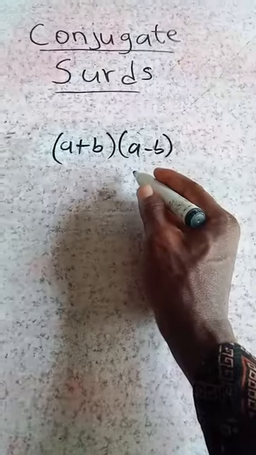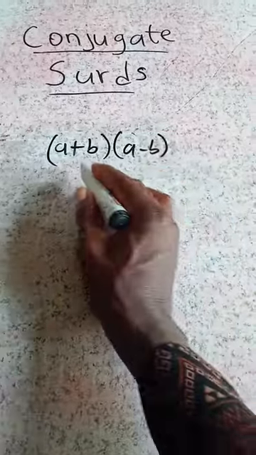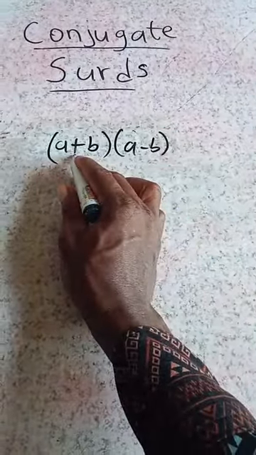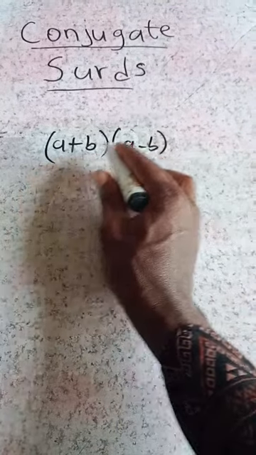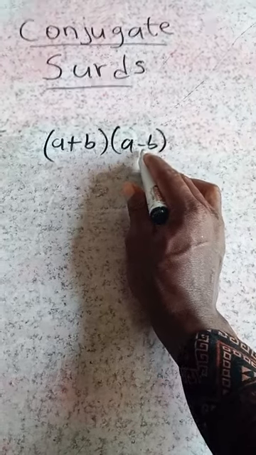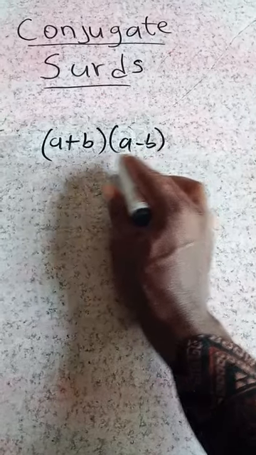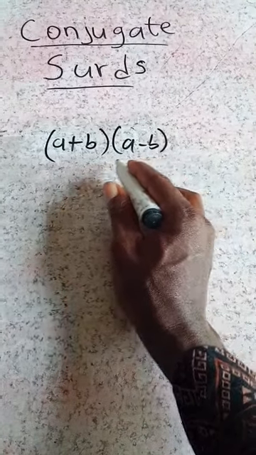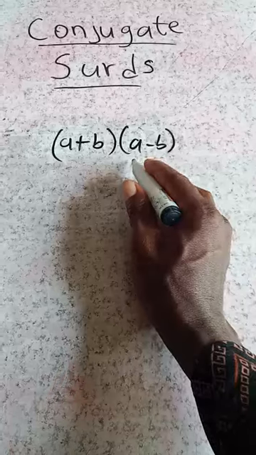Two squares. If your mathematics is sound, there is a plus sign that separates the two factors in one bracket, while in the other bracket, it is a minus sign that separates them. So whenever you see something like this, it means it is a difference of two squares. That is how it is called.